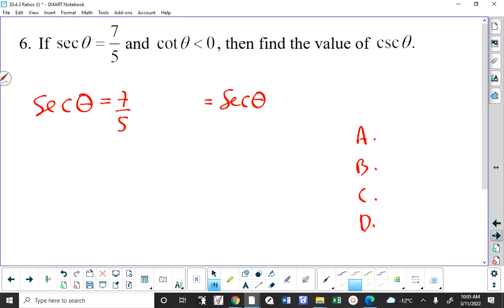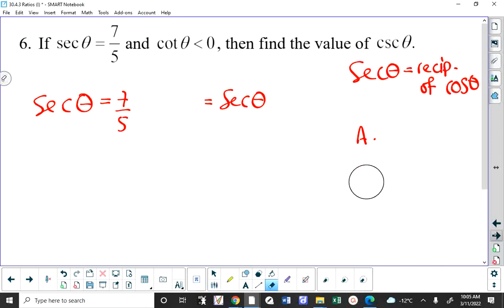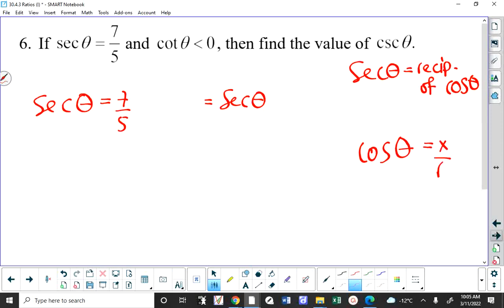I'm saying secant of theta is the reciprocal of cos of theta. And I also know cos of theta is x over r. So what does that tell me? It tells me that secant of theta is r over x.